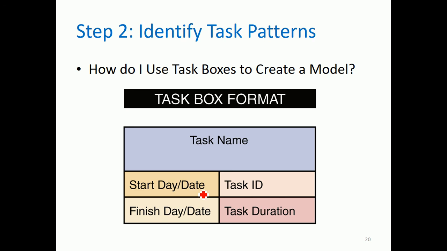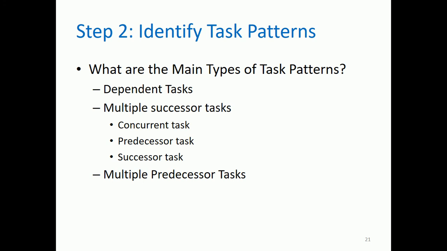But if we're going to use the software, actually, they're using dates. Then finish day or date, then task ID is the task number. And then the task duration, of course, is how many days will a task be finished. Okay, so that's the format. You have to remember the task box format.